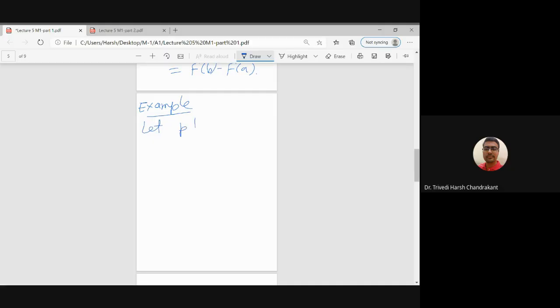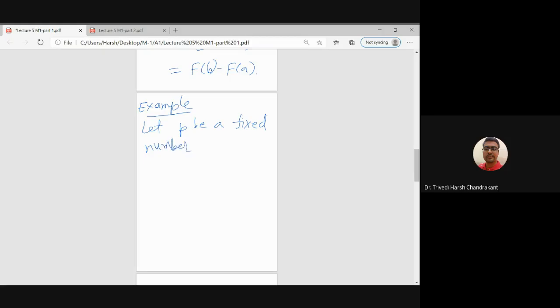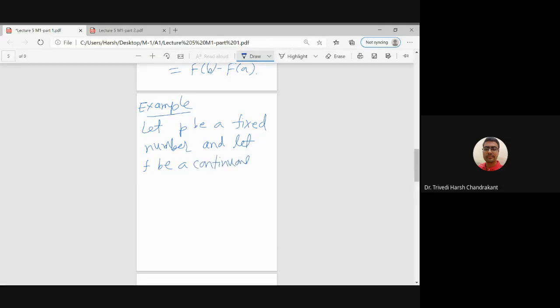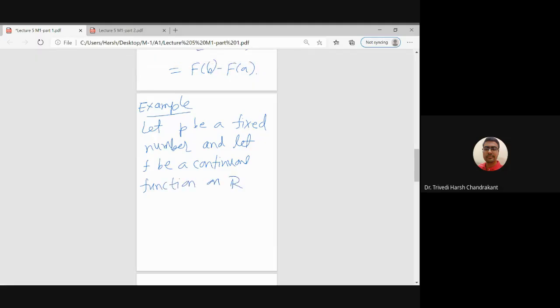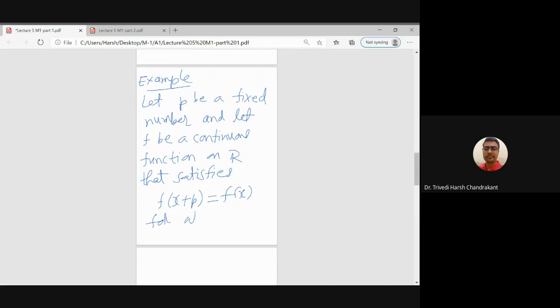Let p be a fixed positive number, and we have a function which is continuous on R, which satisfies the relation f of x plus p equal to fx for all real numbers x.